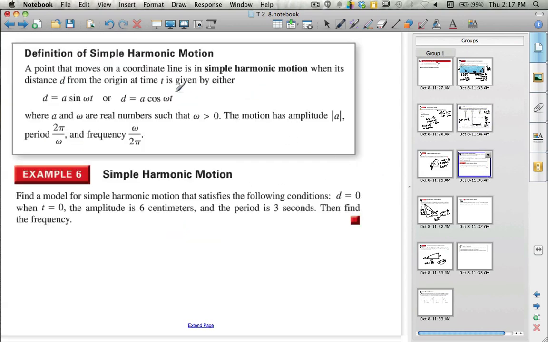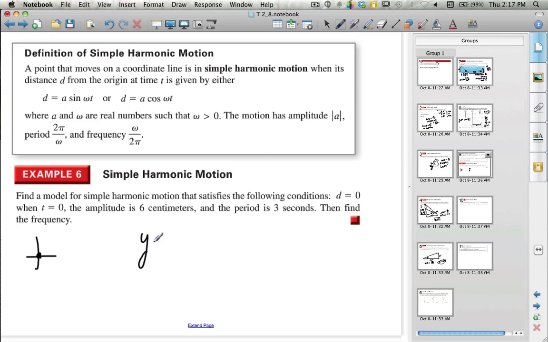Okay, so if we continue on taking a look at this, find a model for a simple harmonic motion that follows these conditions. D is equal to 0 when t is equal to 0. That means it's a sine function, right? Because that's where we start at 0. The amplitude is 6 centimeters, and the period is 3 seconds.